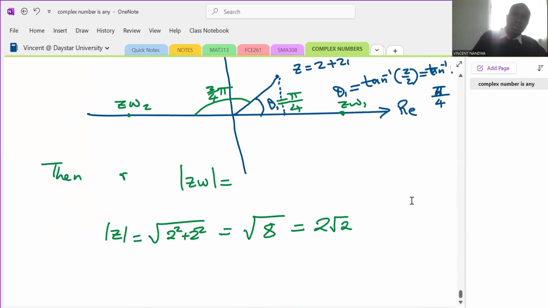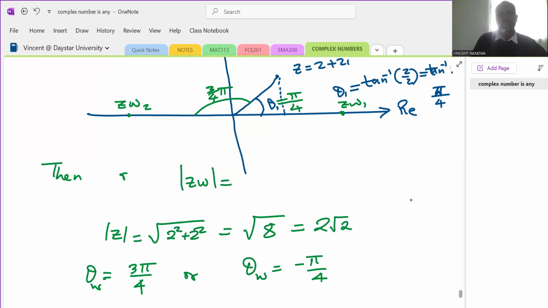So the theta for W is either 3 pi over 4, or theta for W can be negative pi over 4, because the product of the two numbers must actually be on this real axis.